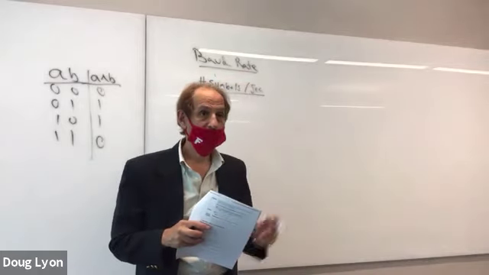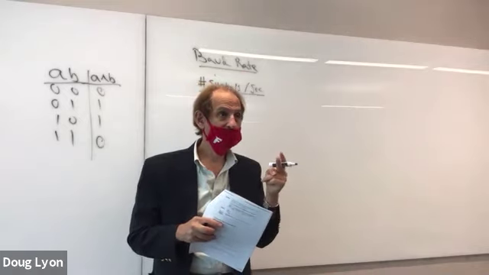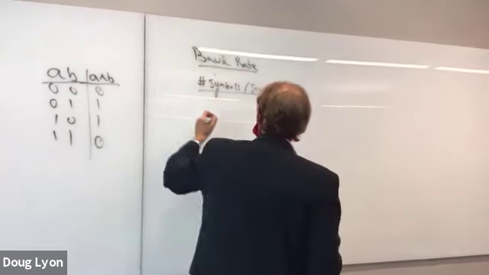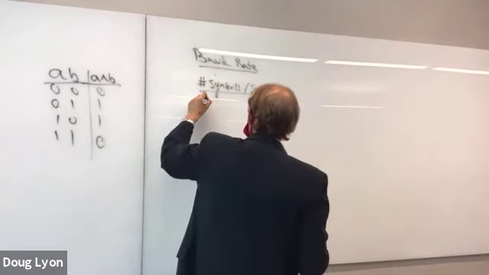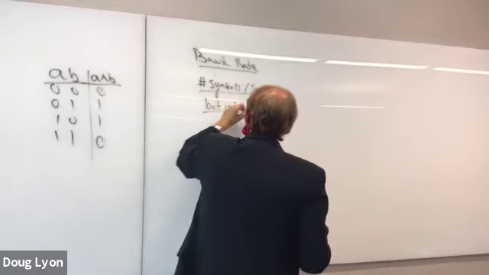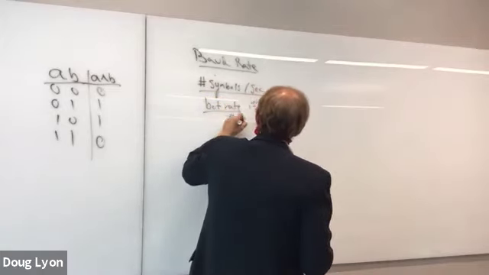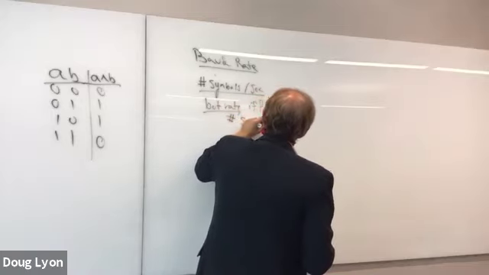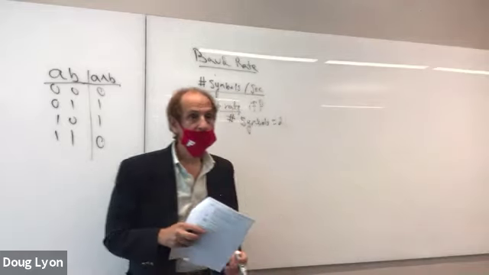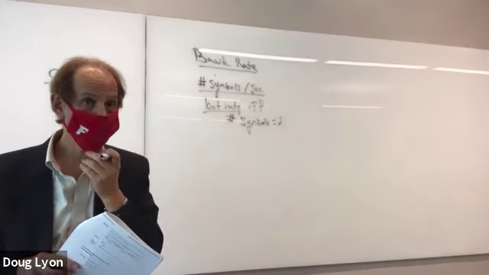If you have only 2 symbols, 0 and 1, then it's equivalent to the bit rate, the number of bits per second, if, and only if, the number of symbols is equal to 2. Does the number of symbols have to be 2? The answer is no.